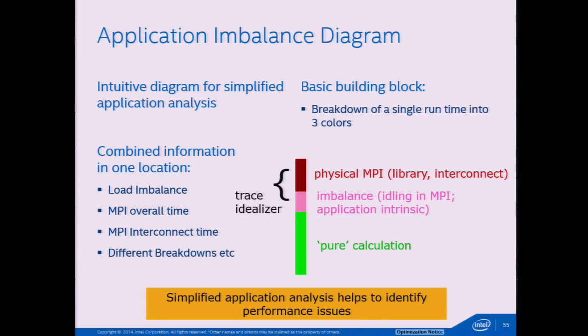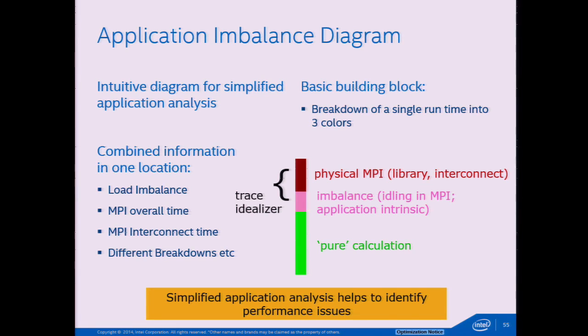It gives you a bar that's split into 3 segments. The top segment is how much potential time or overhead you have that's rooted in the physical MPI library. If you improve the performance of the library or of your interconnect, then that segment of the bar could potentially shrink. The second section is potential imbalance, or what percentage of your total runtime is actual imbalance. That's when you're posting that receive early, as in my previous example.